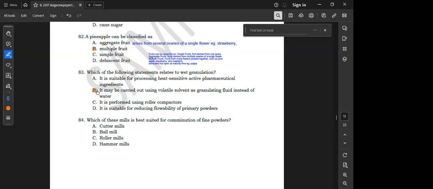Dry requires finely powdered compound, tablet pressers or roll compactors. Wet requires powder particles, a granulating fluid, and a sieve, because we first mix with the granulating fluid and then it goes through a sieve.